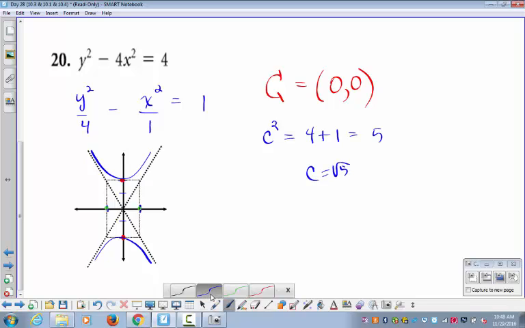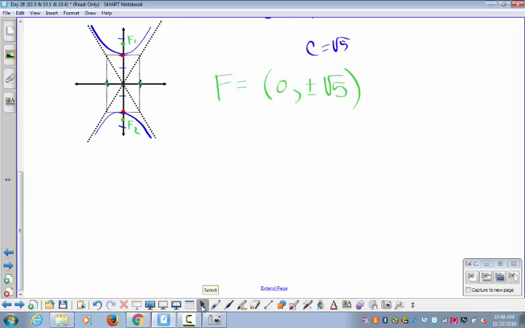And those foci are on the y-axis in this case, between 2 and 3 from the origin. So they're here and here roughly: focus 1, focus 2, and the coordinates for those foci would be 0, plus or minus square root 5.